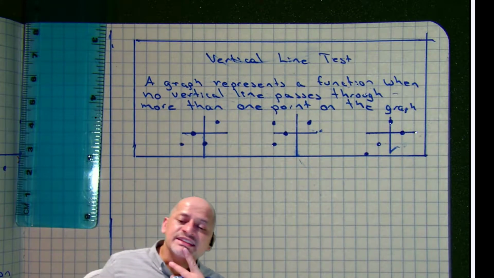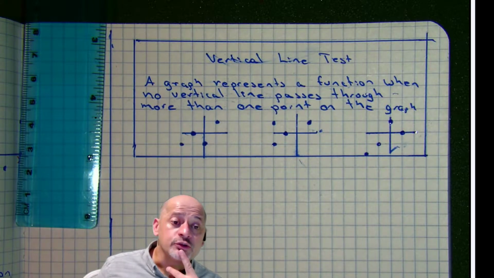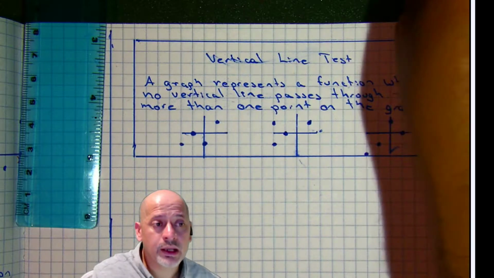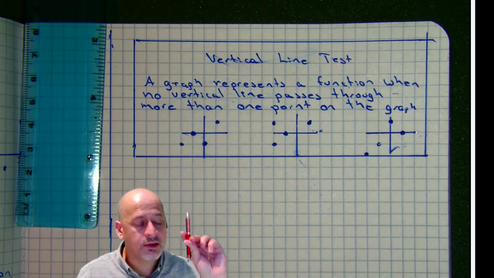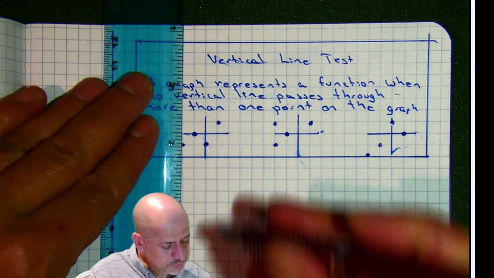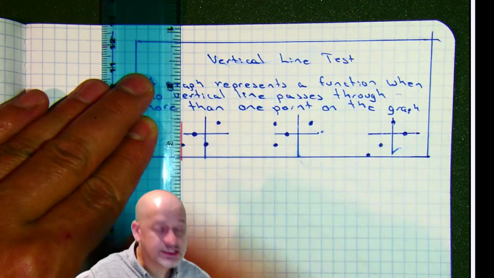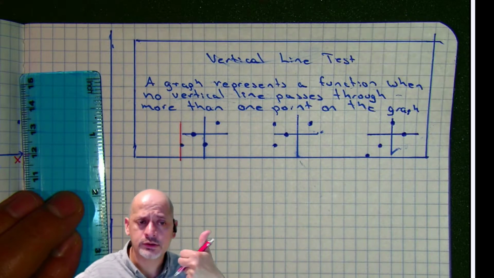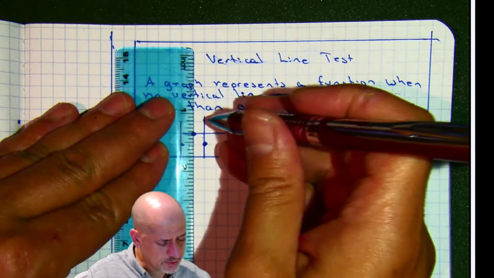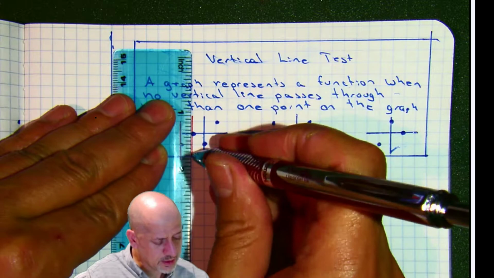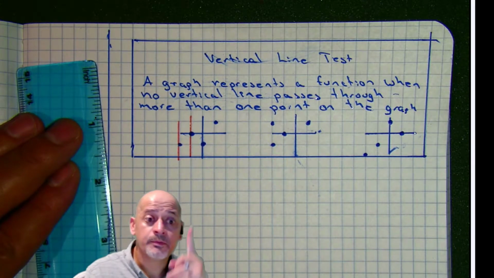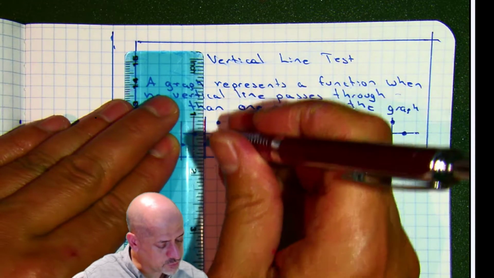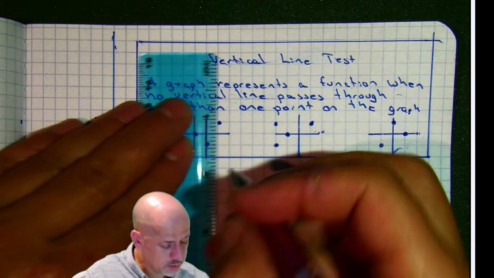And I need to be able to decide whether they're functions or not. The way that we're going to do this, you're going to get your red pen, and we're going to draw a vertical line. Then I must ask, how many points does the red line cross? Only 1. So far, so good. Then I'll go to the next line and ask, how many times does it cross? Once. Only 1 point. How about this one? Only 1.